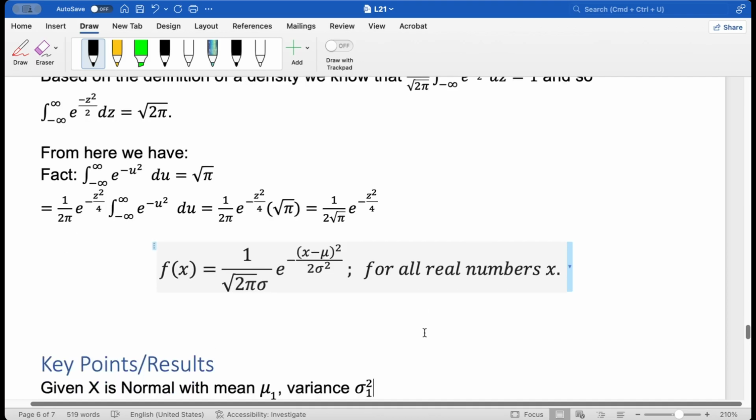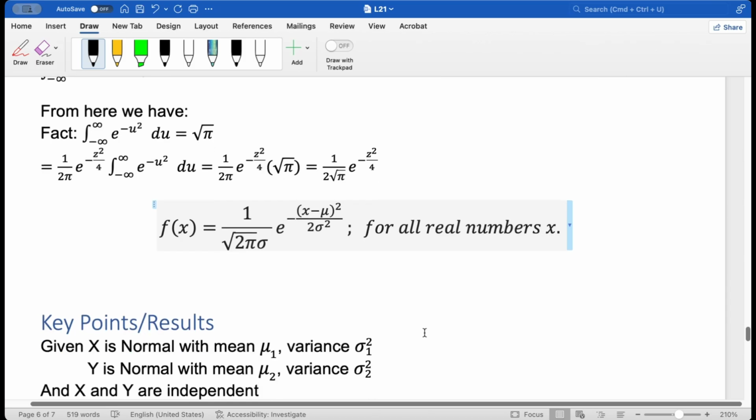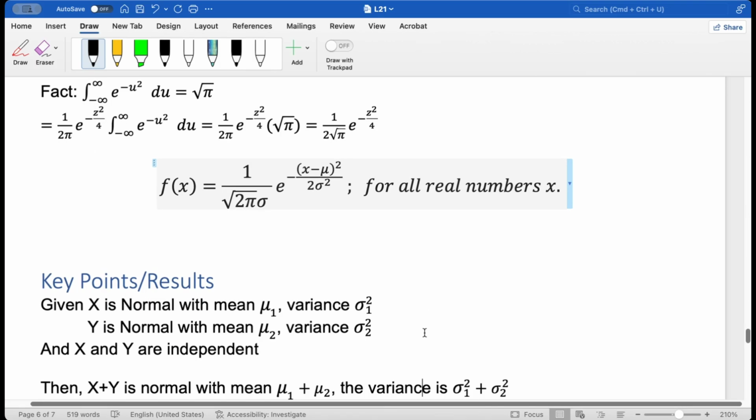So in general, what's the takeaway? If you start with a normal random variable x, mean mu1, variance sigma 1 squared, and y also normal, mean mu2, variance sigma 2 squared, and x and y are independent, then the sum is normal. So different from the uniform case. The sum of two independent normal random variables is normal. The mean is the sum of the means, from the expected value of x plus y.